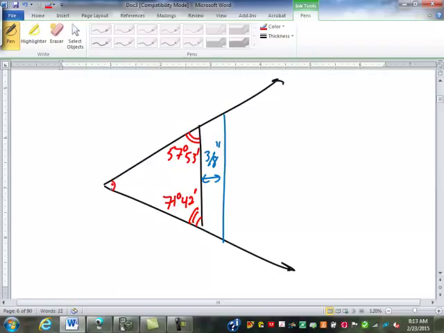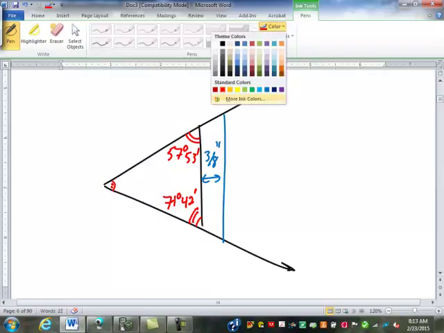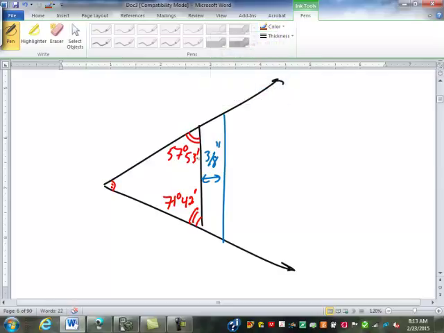First of all, can we find this angle here? How do we find it? All right. We know the three angles of a triangle add up to 180. So we add those two up, we're going to get 95, which of course is 35, carry the 1. That's 8, and 1 is 9. 129.